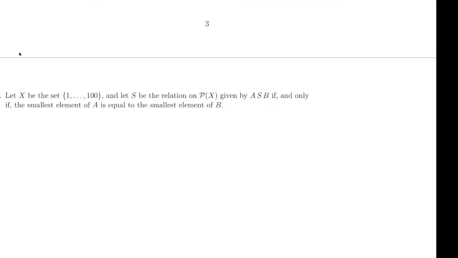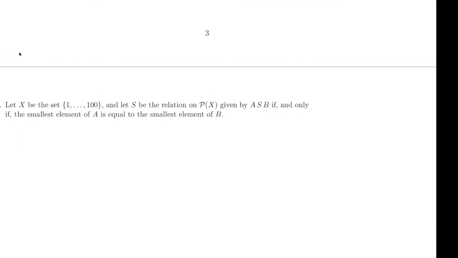So we have this set of the first 100 natural numbers, 1 to 100, and we're going to define this relation S on the power set of X. So now our elements are going to be subsets of X, right? Since that's what the power set is.